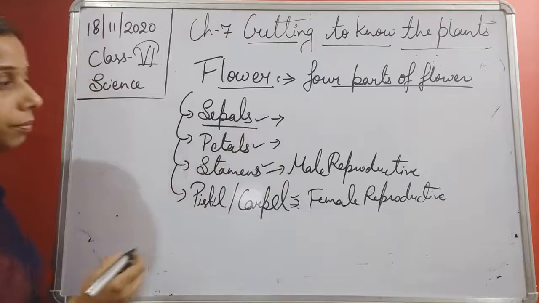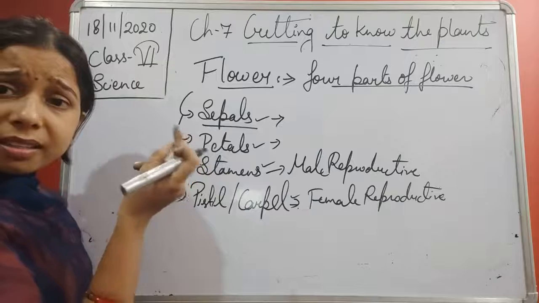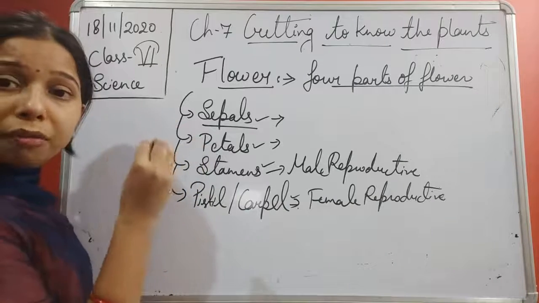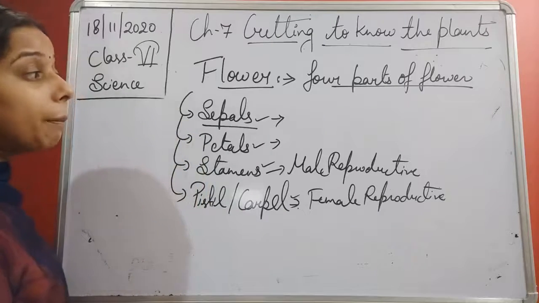So, sepals are basically, if you see the flower, students, there is a green part, and this green part used to cover the bud, used to cover the flower when it is at the bud stage.